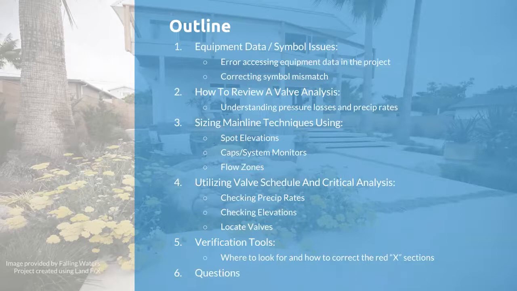So we want to make sure that we understand how that's working and just looking at equipment in general. So we'll look into a little bit of the sizing techniques, maybe using spot elevations, looking at caps, looking at flow zones, and how those actually play into sizing of those main lines.